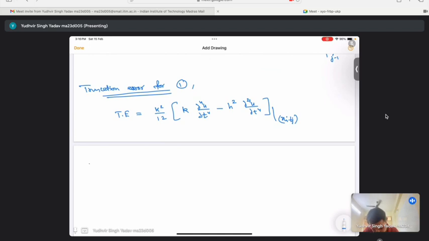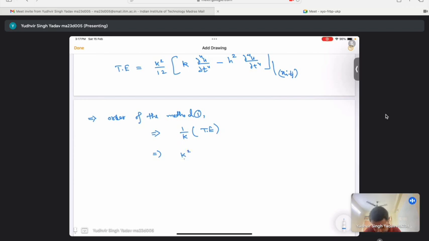So the order of method 1 is 1 by k times the truncation error, and that is k square by 12 ∂⁴u/∂t⁴ minus h square by 12 ∂⁴u/∂x⁴.